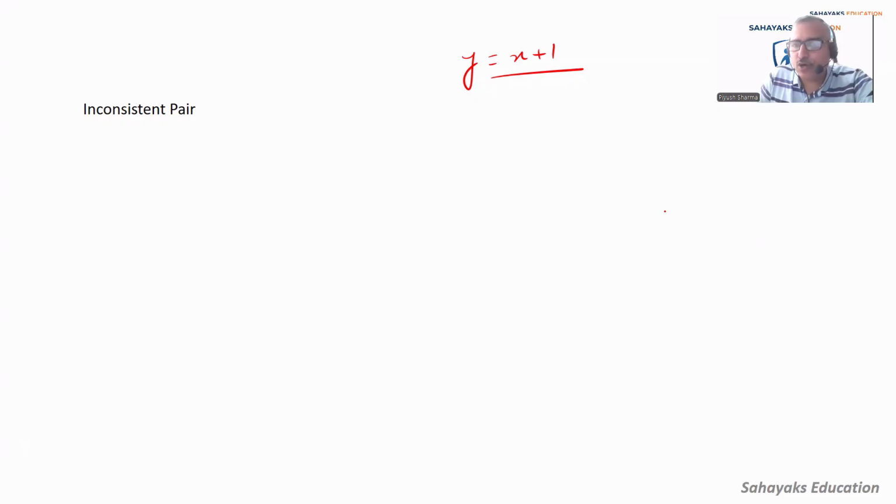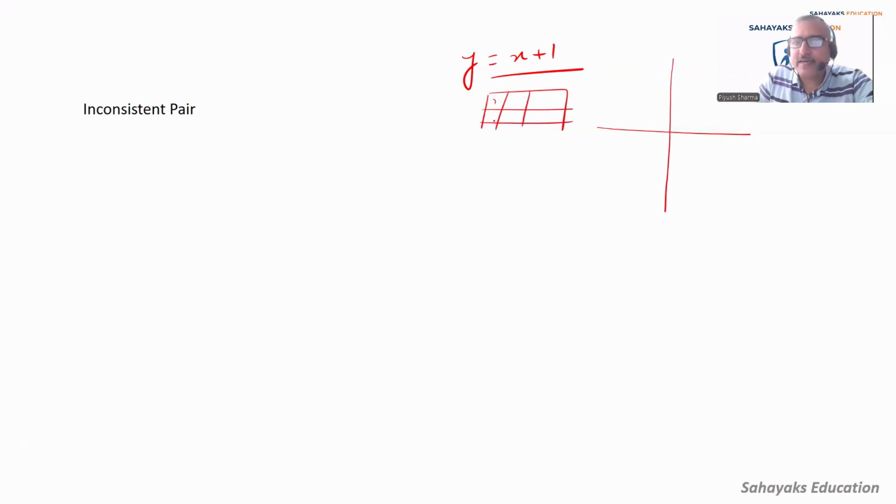So if we draw a graph, y is a variable, x is also a variable. Now if I put a value of x as 0, I'll just make a table like this.